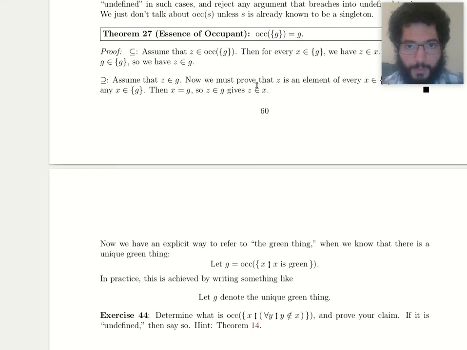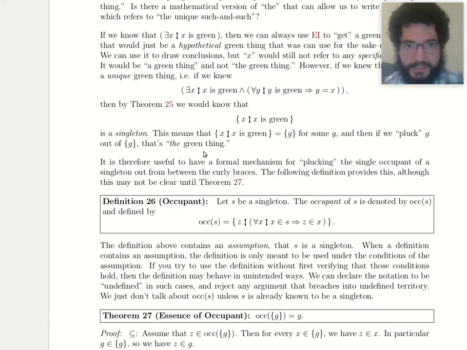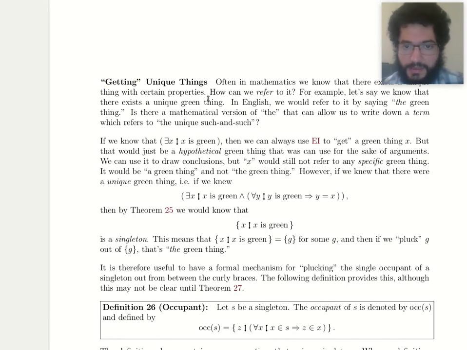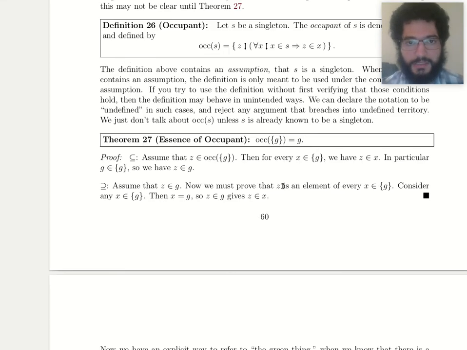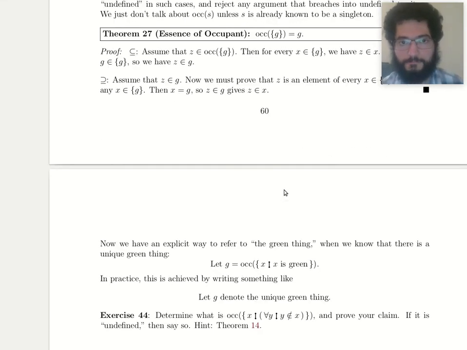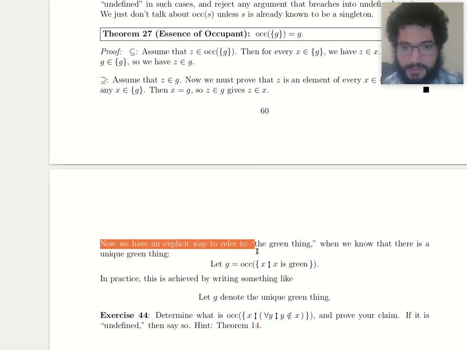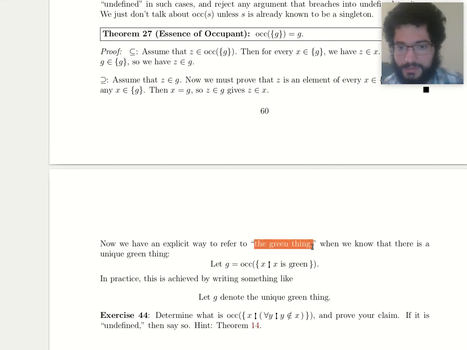I'm looking back here at pages 60 and 61 in the full notes, not the reference version, at this discussion about getting unique things and trying to make definitions using a uniqueness property. Remember, in that discussion we used a placeholder predicate, being green.